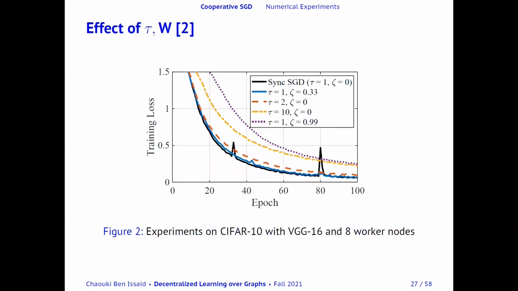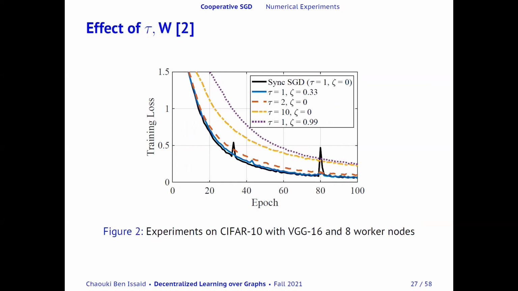In figure 2, various hyperparameter settings for training the VGG16 architecture for classification on the CIFAR10 dataset are evaluated, where here we consider 8 worker nodes.